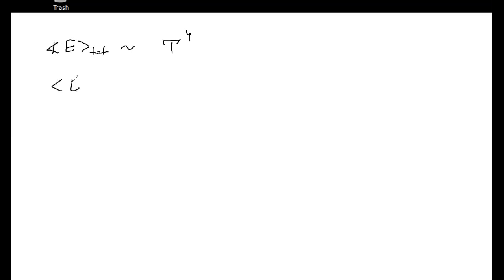Basically, the total energy would be a summation over all possible frequencies from what we just discussed. If you have energy for one frequency, but what if you have many other frequencies? You have to do a summation.